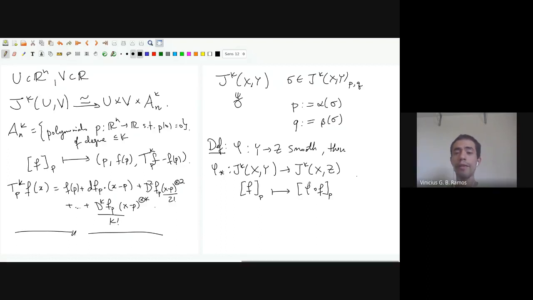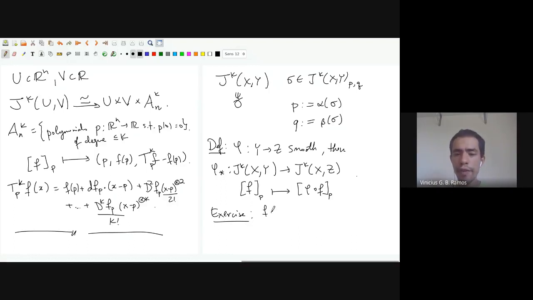You have to show this is well defined. Maybe I should say this is an exercise using the chain rule. It's not very hard, but you need to see that it's a necessary thing to do.